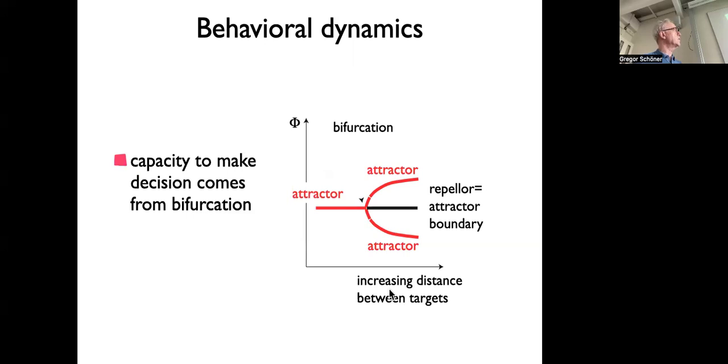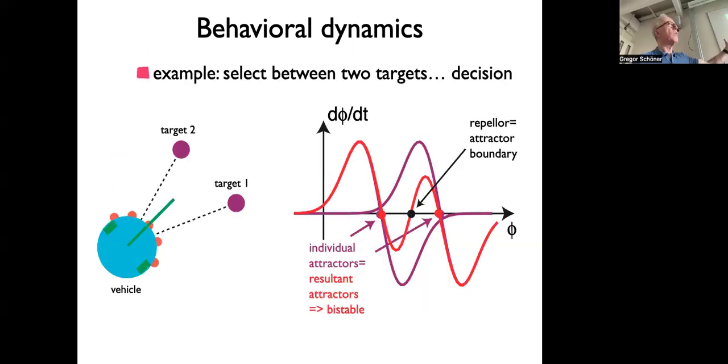So we looked at this, cut through that, and cut through this here, and in between you would get that. If you think about what would mathematically happen if I make this continuous change, that would be exactly happening. And so what that means is, at some distance between these two targets, these 3 points, the repeller and the two attractors, would just coincide. And at that moment, the slope of the dynamics is 0 right there.